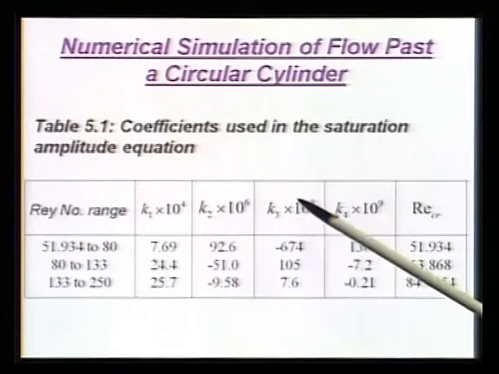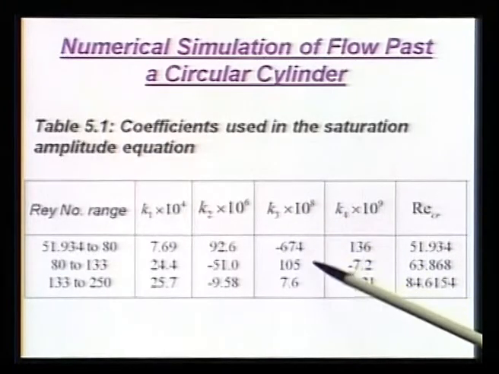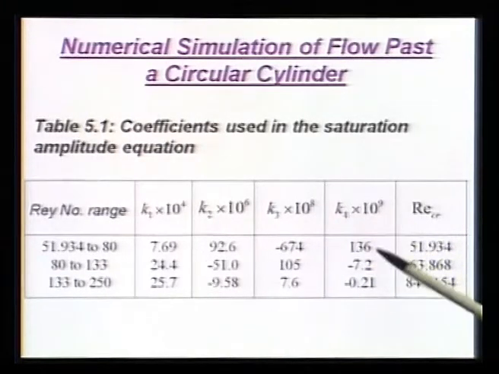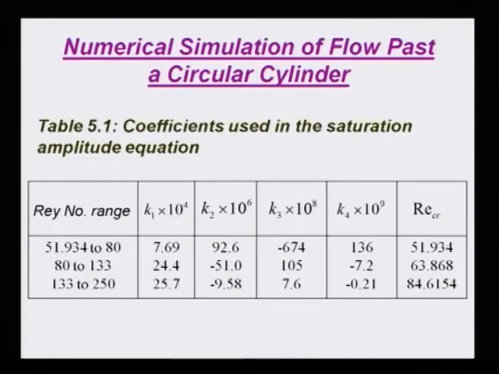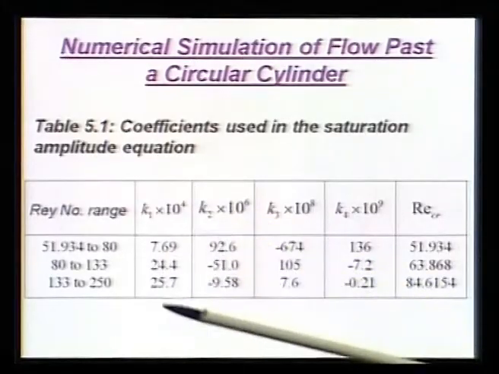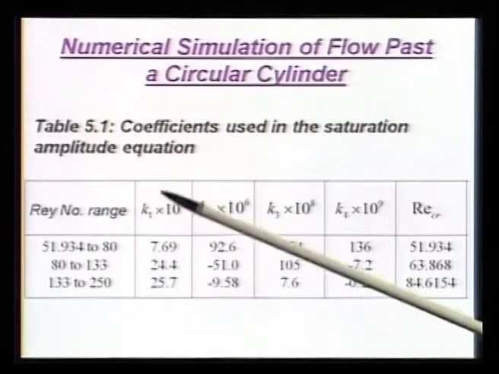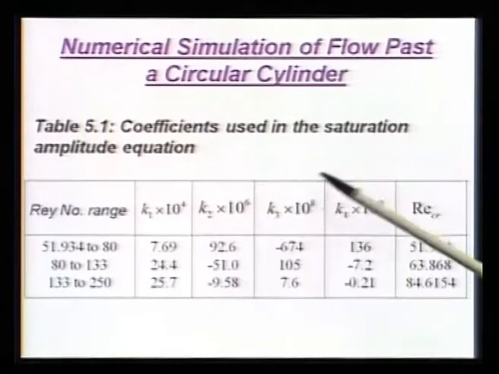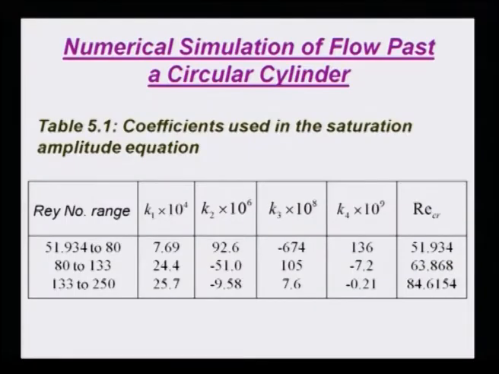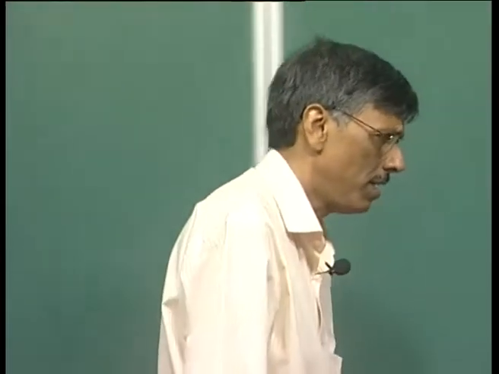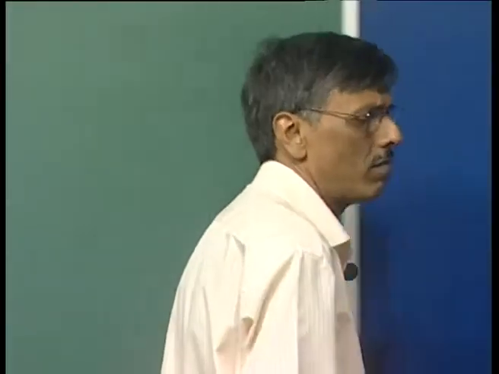For example, this goes as 10 to the power minus 6, and this one is even smaller by one order of magnitude. So ideally what you can see is a predominant dependence on k1 and lesser dependence on the others. So this tells us that even this kind of empirical fit will lead you to that same kind of Landau model.